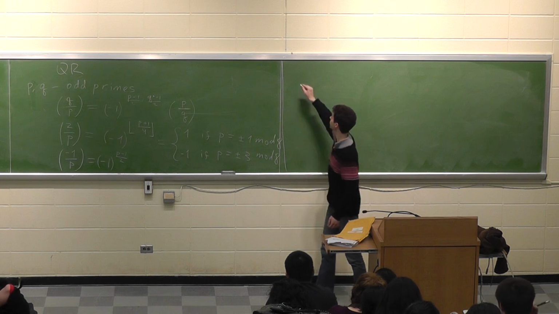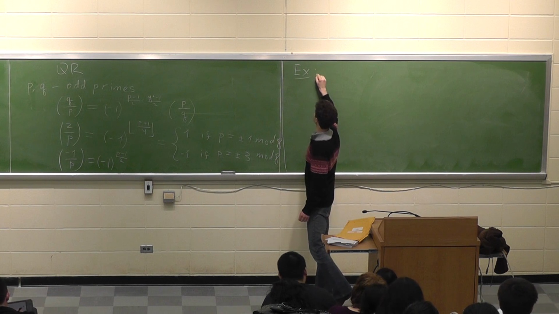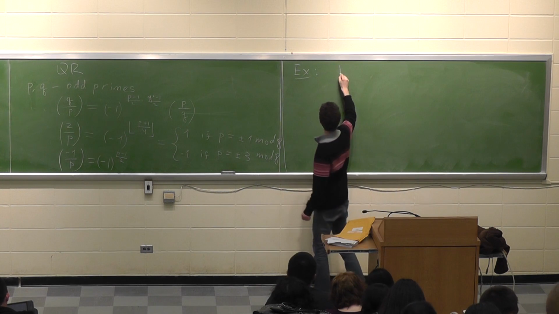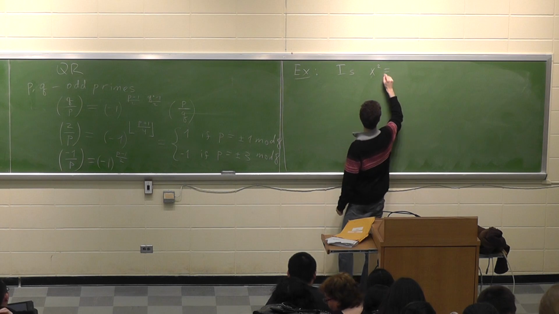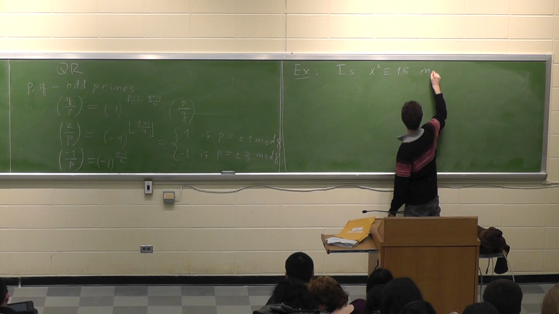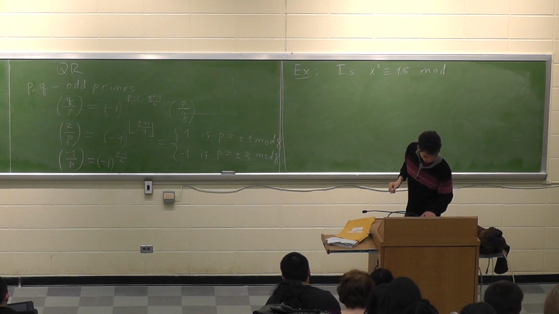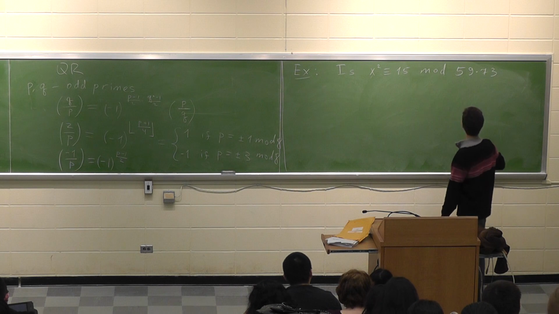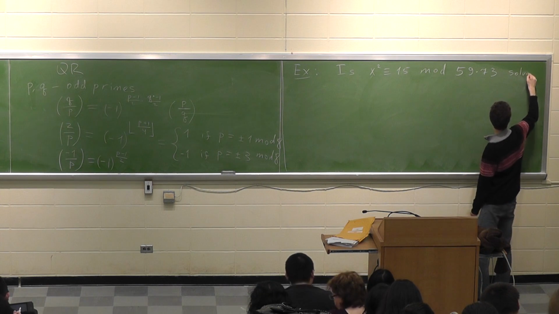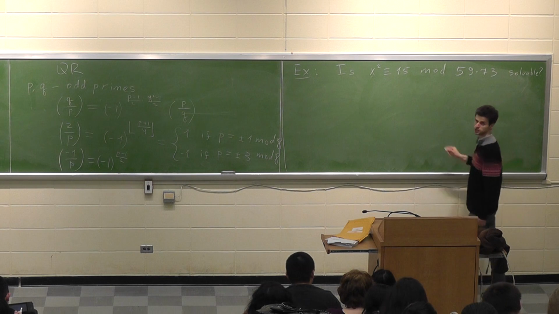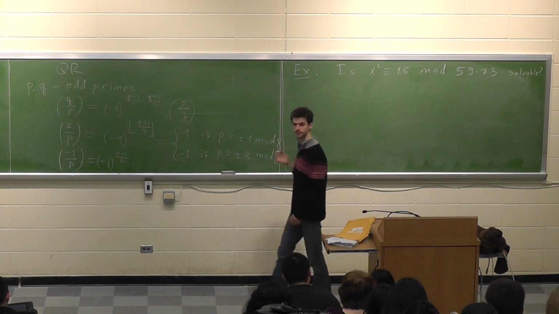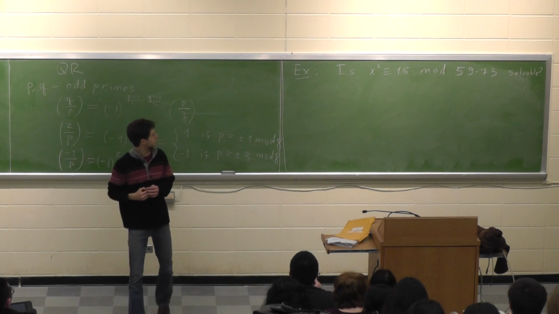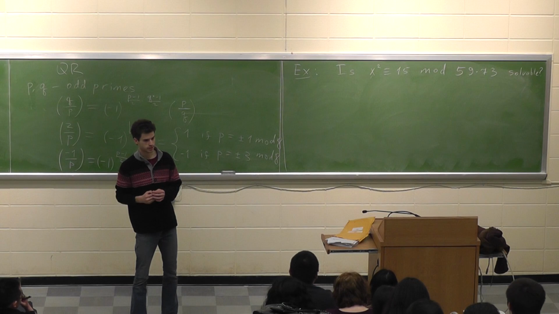So for example, let's see: is x squared equivalent to 15 modulo 59 times 73 solvable?